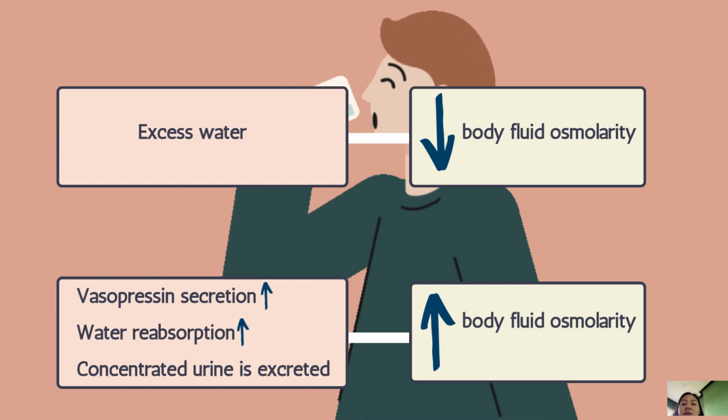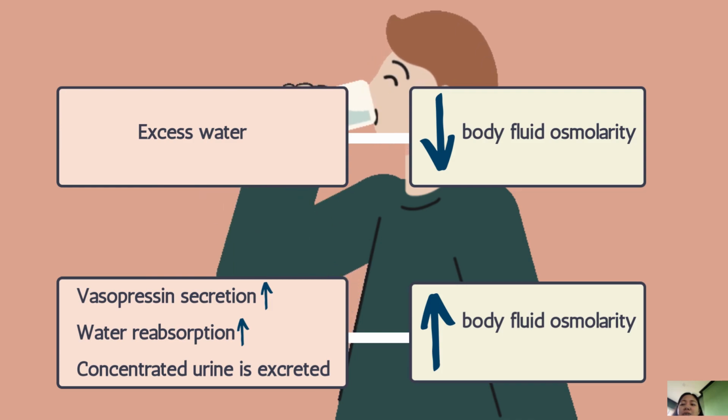As a result, the water permeability of the collecting ducts decreases dramatically. Water absorption of these segments is greatly reduced, and a large volume of hypoosmotic urine is excreted. In this manner, the excess water is eliminated and body fluid osmolarity is normalized.